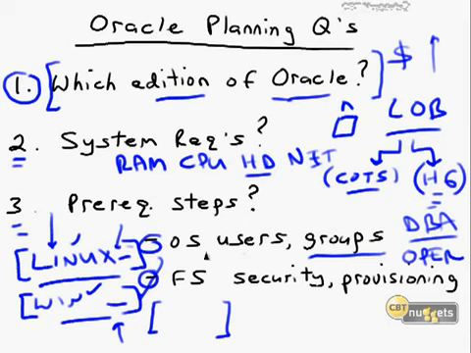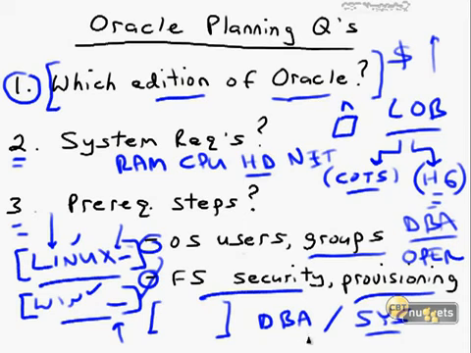Finally, we have the issue which is related to the OS users and groups issue: file system security and provisioning of resources. Now, hardcore information security folks will say that there should always be a division of labor between database administrators and systems administrators. The reason for that is auditing. We want to be able to audit what the DBA does.